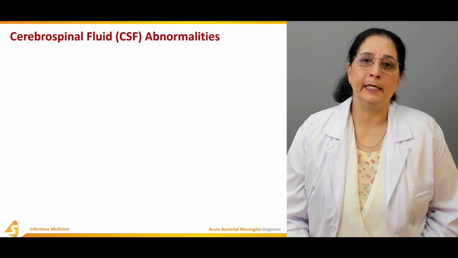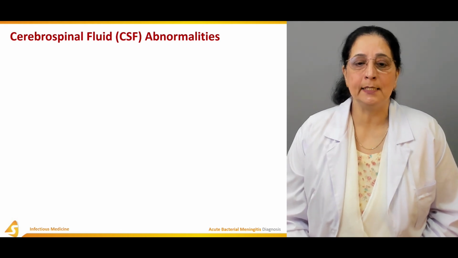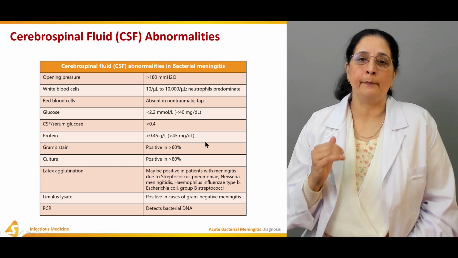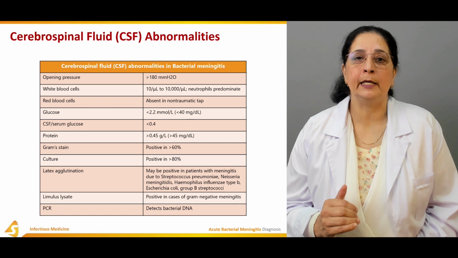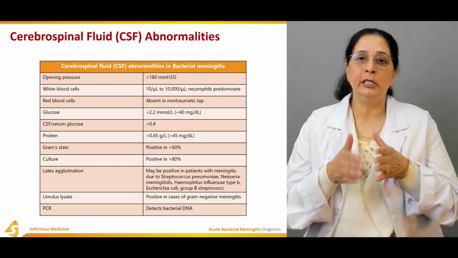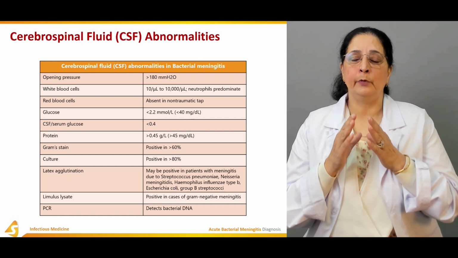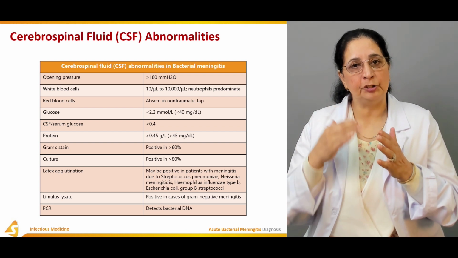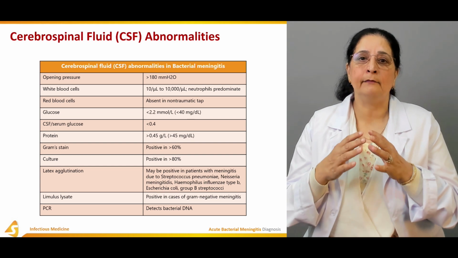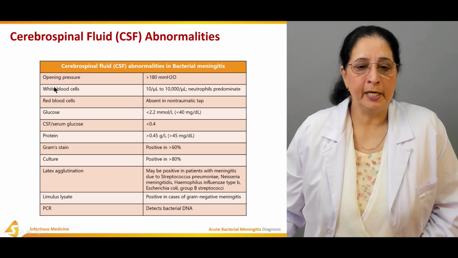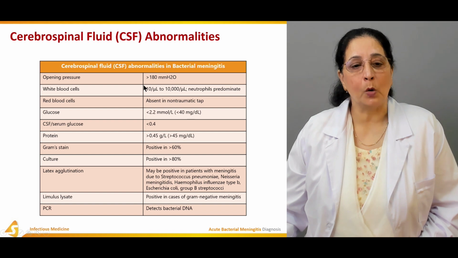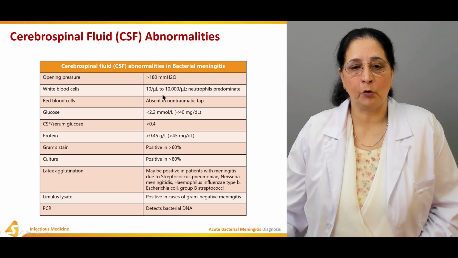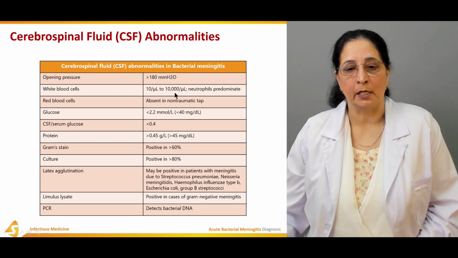Next, cerebrospinal fluid abnormalities in meningitis. These are some very, very common abnormalities of cerebrospinal fluid, and if we find these abnormalities on examination, the first indication is that this patient might have meningitis. So opening pressure is usually more than 180. White blood cells, 10 per microliter to 10,000.